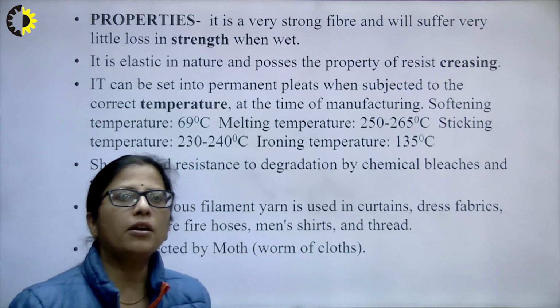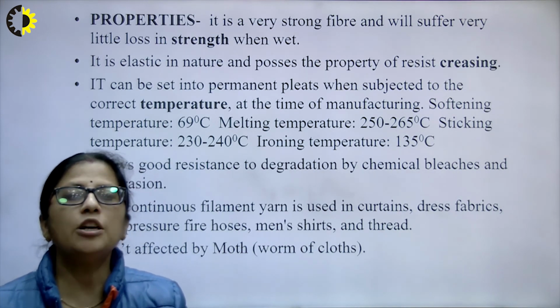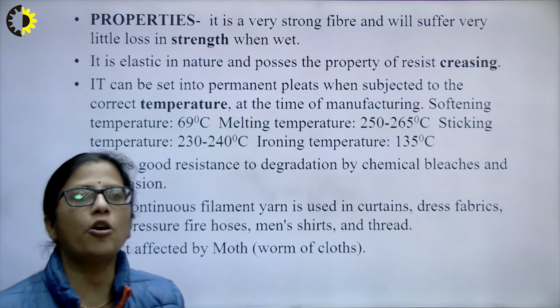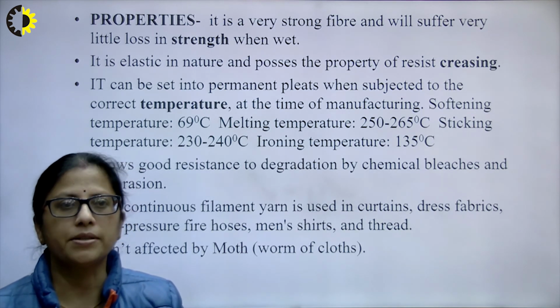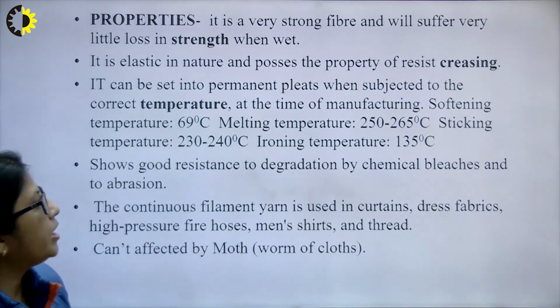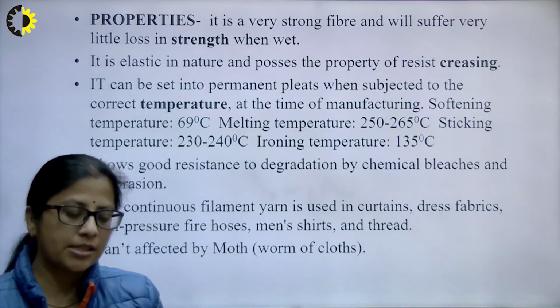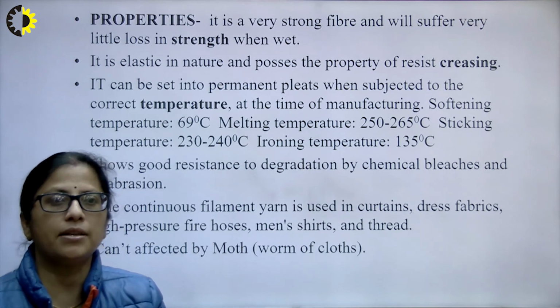Now, this Dacron polymer is a very strong fiber and it suffers very little loss in strength when wet. It is elastic in nature and it possesses the property of resisting creasing. That means you cannot set a crease in such materials.